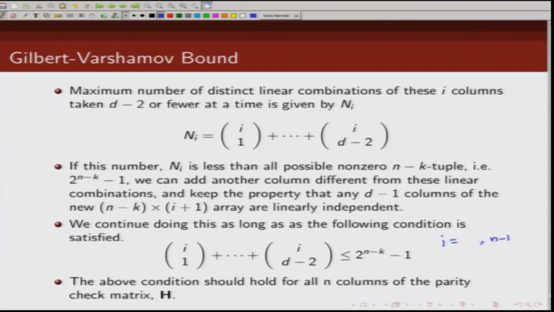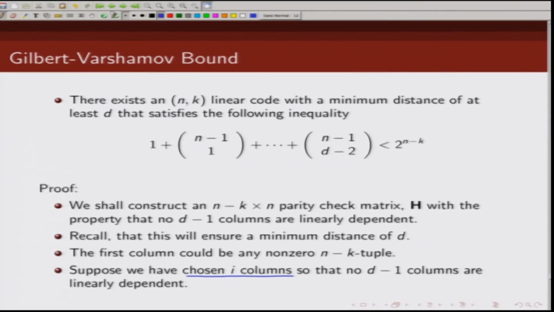Then I can add another column which will be the nth column, and still I would not have d minus 1 columns of this parity check matrix adding up to 0. So, this should hold for all i up to n minus 1. When we plug in i equal to n minus 1, what we get is (n minus 1) C 1 plus (n minus 1) C 2 and so on should be less than or equal to 2 raised to n minus k minus 1, and the 1 we can bring to this side, and hence we will get our desired expression, which is this.